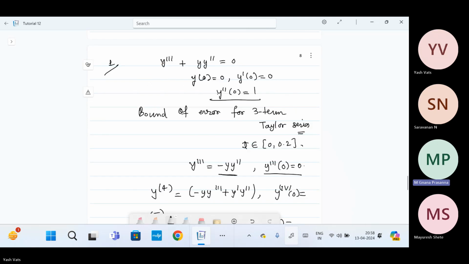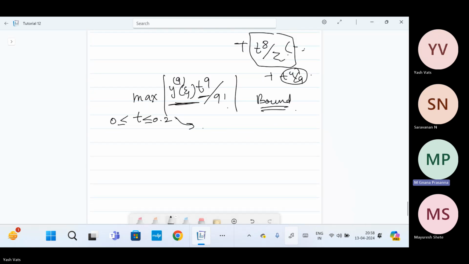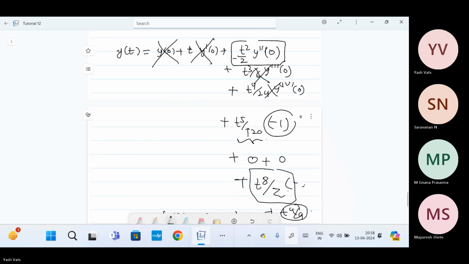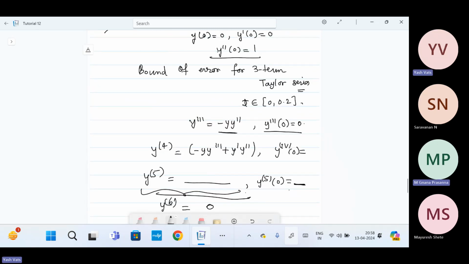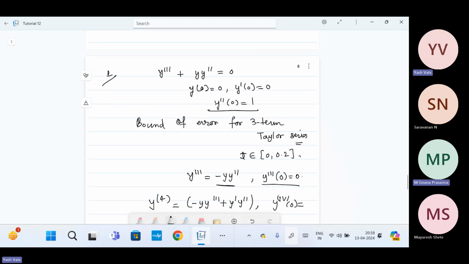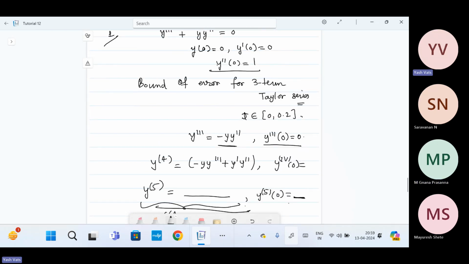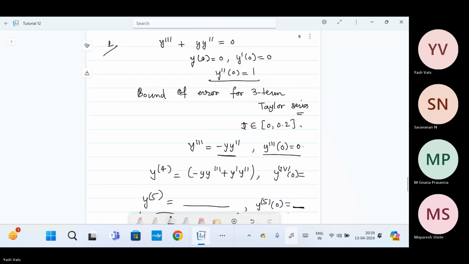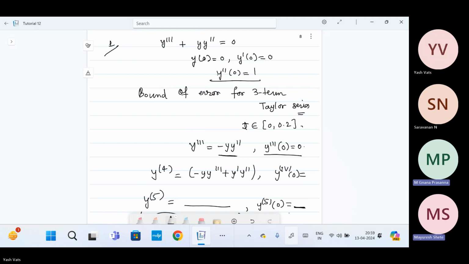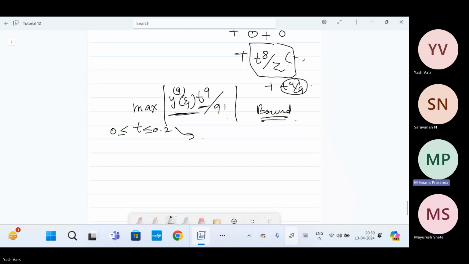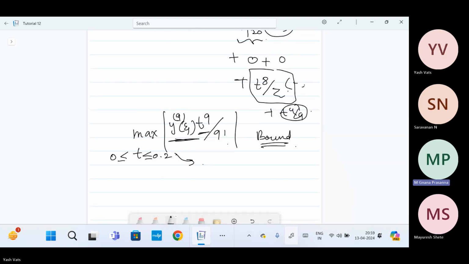Sir, y power 9 derivative at xi will have so many terms now, sir. Yes, at the initial point the derivatives may be 0, but at xi all these are not equal to 0.